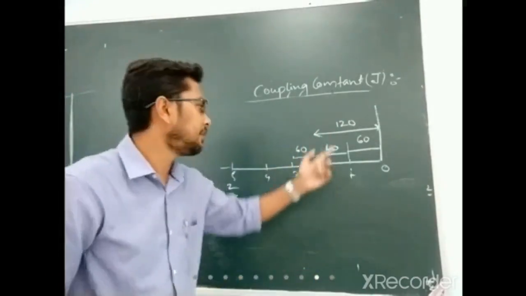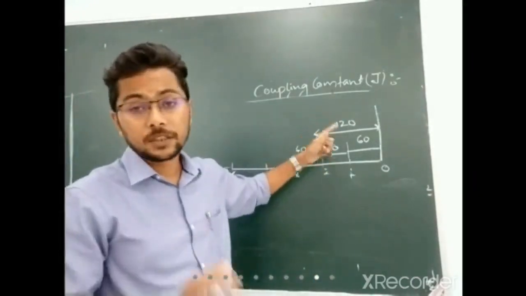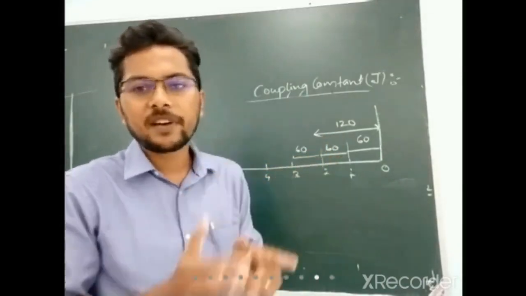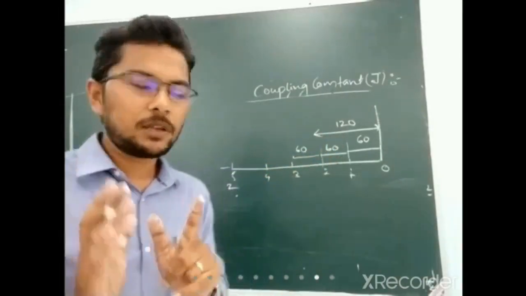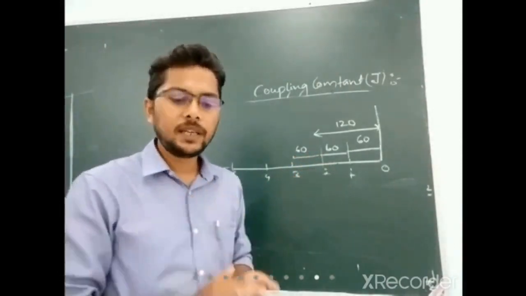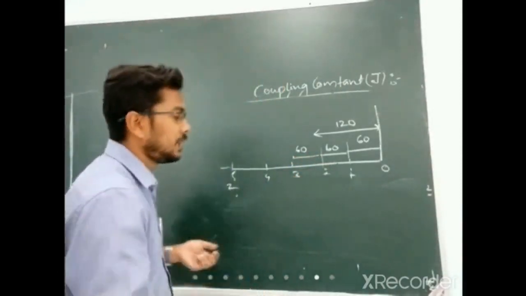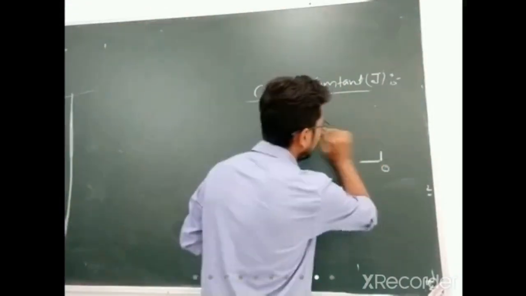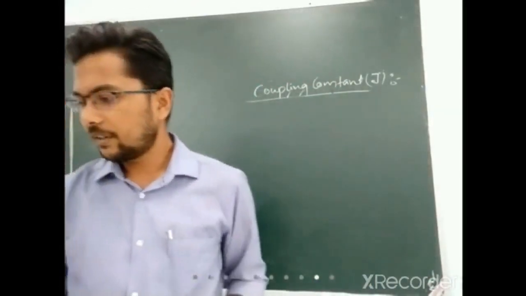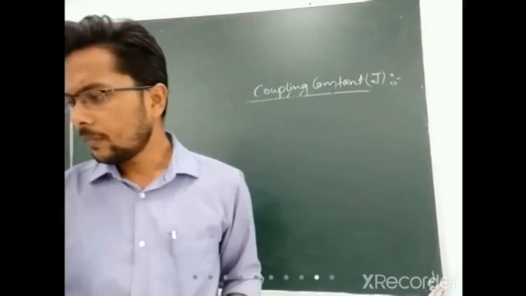If it is 5 hertz for a 60 megahertz NMR, it will remain 5 hertz. I'm talking about the J coupling value. It will still remain 5 for 120 or 300 megahertz, irrespective of the external magnetic field.